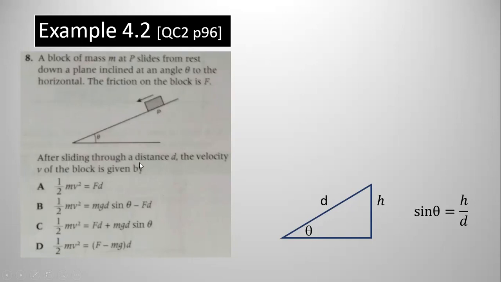After sliding through a distance D, the velocity of the block is given by, you want the answer. So write down the work energy theorem. Draw the diagram. Resolve the weight component because it's moving down the slope, mg sine theta, and there is your friction F.